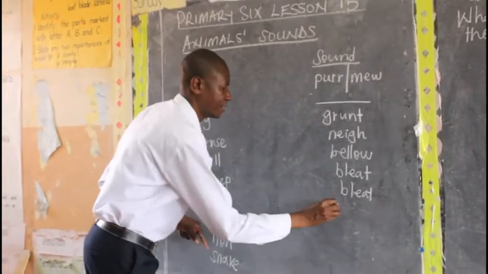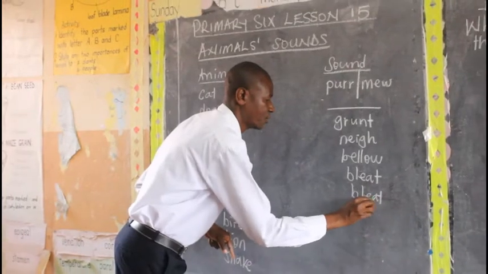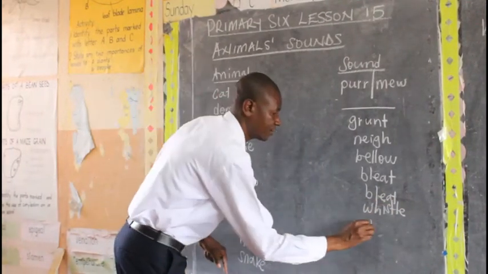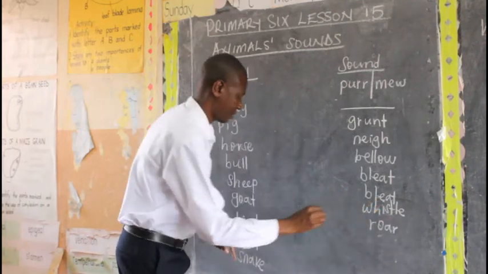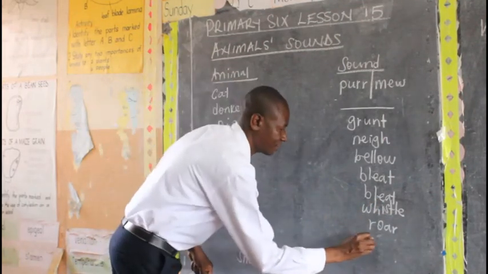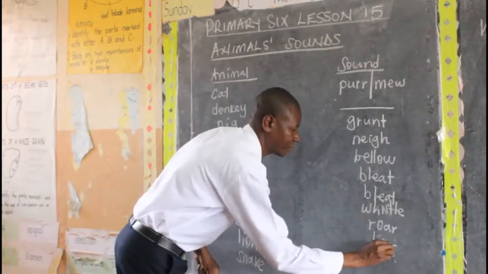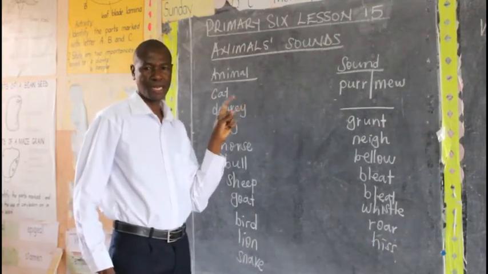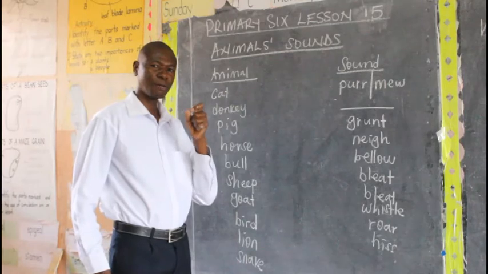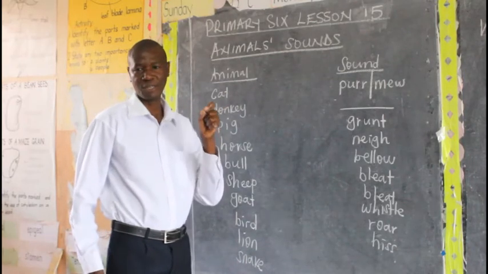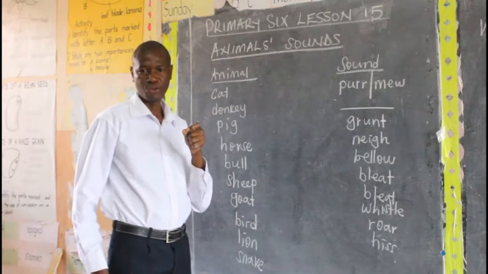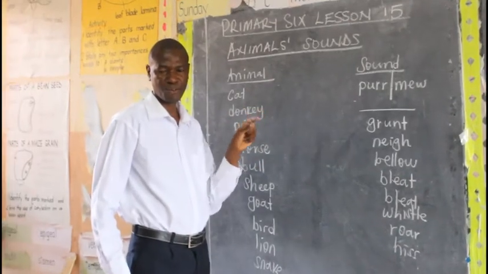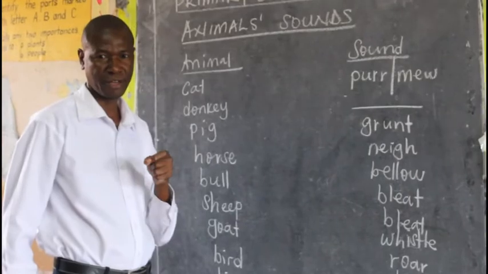Then a bird, the sound is called the whistle. Then lion is roar. Snake is hiss. So those are some of the sounds of different animals. The rest of the animals, I have given the sounds on the hard copy. You read the hard copy and get the sounds made by so many different animals that I have put there.